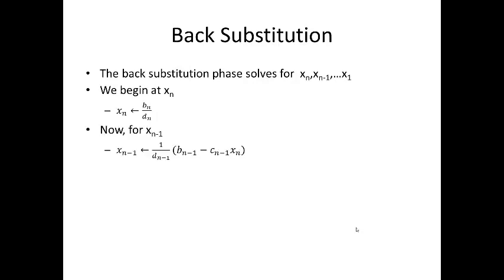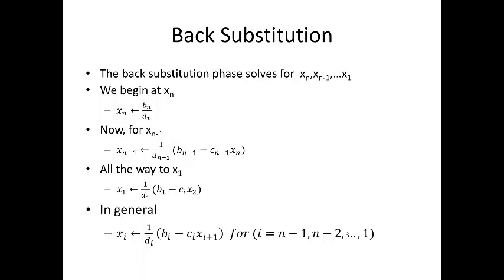And then we can work our way back to x sub n minus 1, which is a bit more complicated, but because this is a tri-diagonal system, we only have to worry about the entries that correspond to the b, c, and d's in that row. And we can work our way all the way back to x1, which is 1 over d1 times b1 minus c1 times x2. And in general, this is going to be the form of each x sub i if you're coding this up in the system.